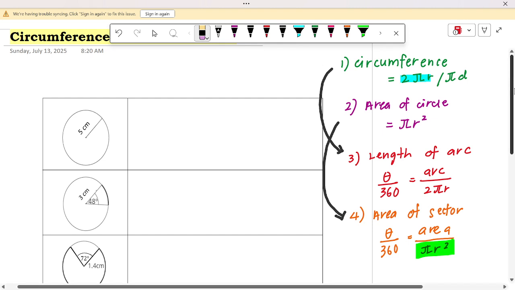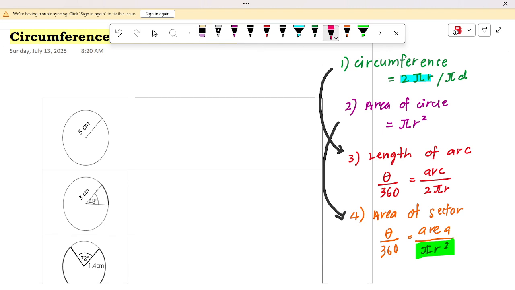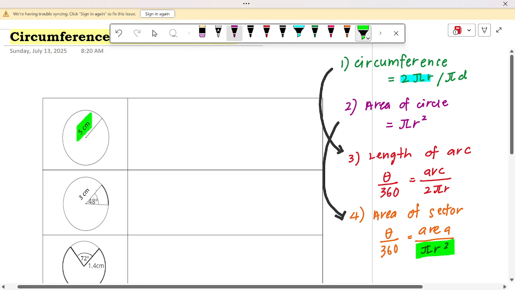How do you apply them? Let's start with the first question. In the first question, they have given you the radius here, which is 5 cm. Remember, diameter is the whole thing, touching both sides of the circumference, whereas radius is just half of it. So for the first one, let's calculate the circumference.